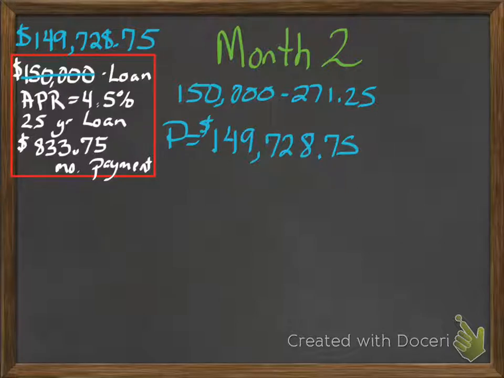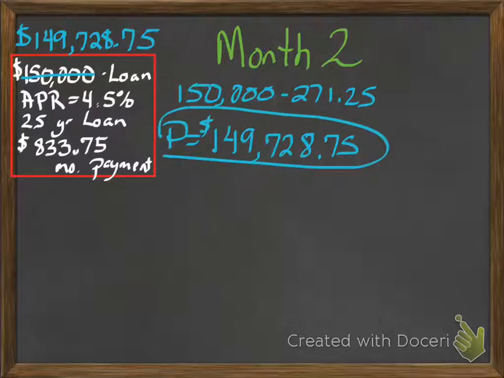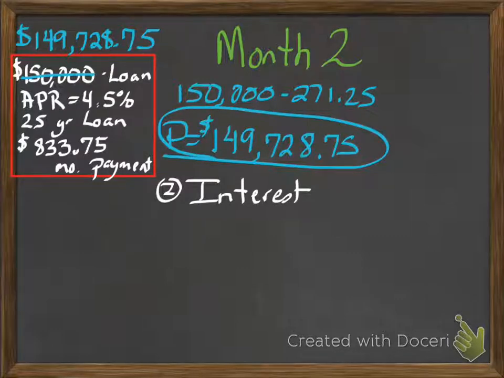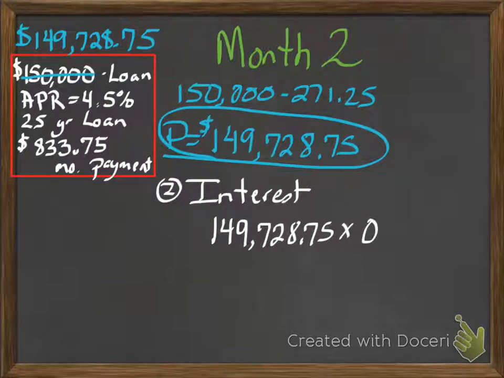We're going to go through the same steps we just did on month 1, but now using the principal that we just calculated. Our interest rate's not going to change. Step 1 has already been done. Step 2, we're going to calculate how much interest. We take the $149,728.75 and multiply it by 0.00375.